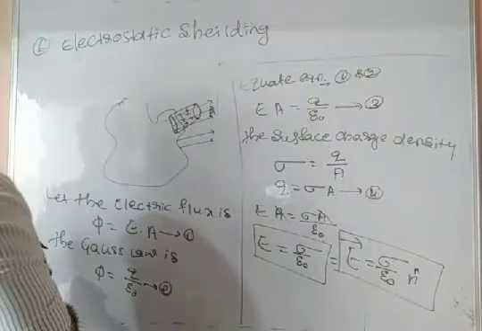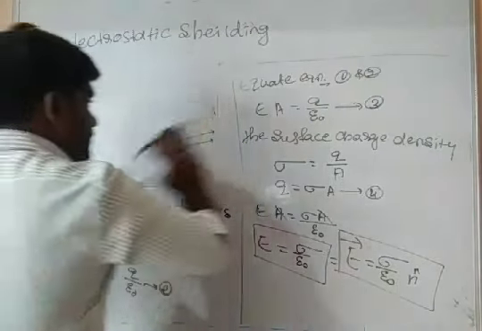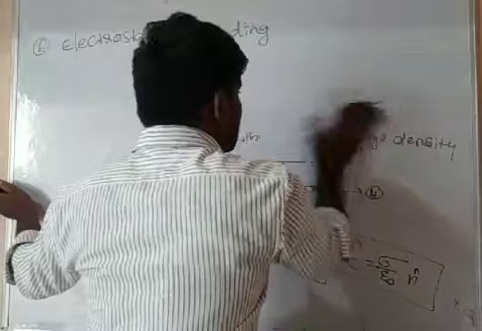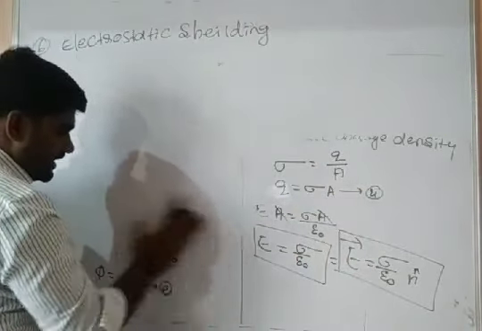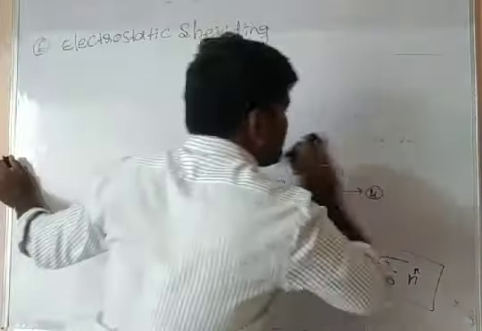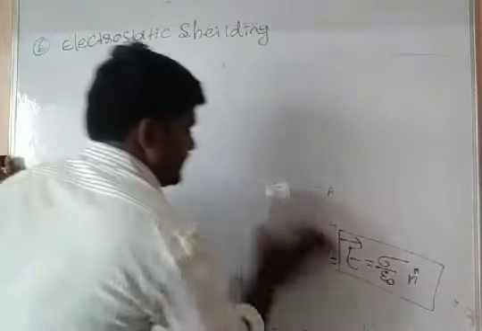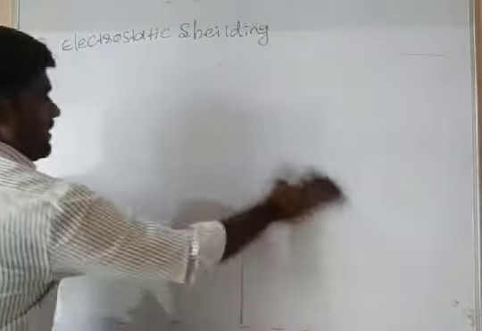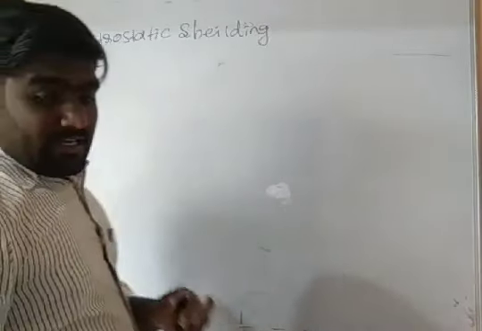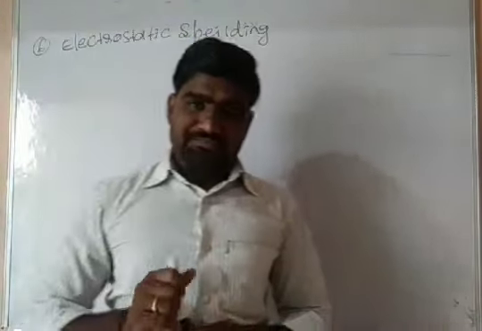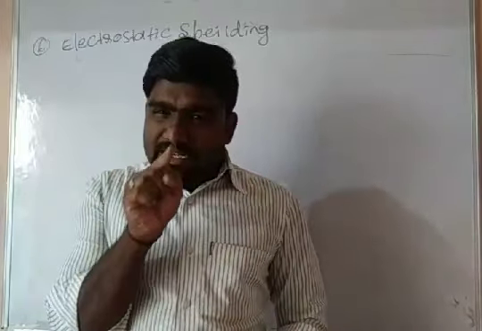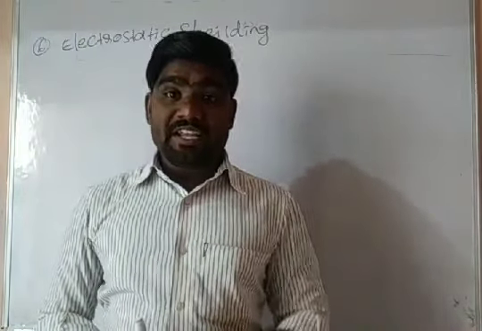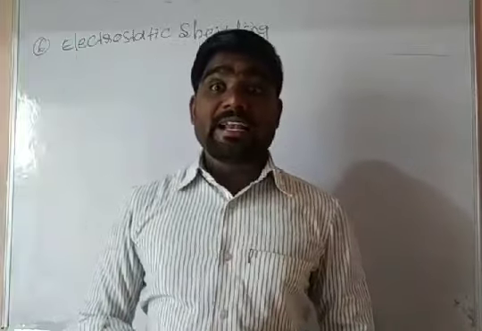What is electrostatic shielding? It means to protect a certain cavity from the electric field. See here, I am writing. Electrostatic shielding is the process of protecting a certain region or cavity from the electric field.